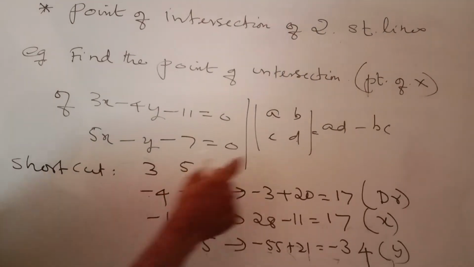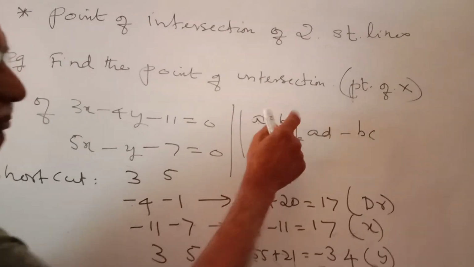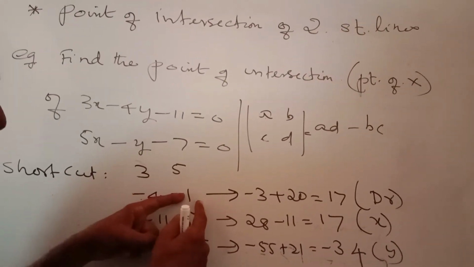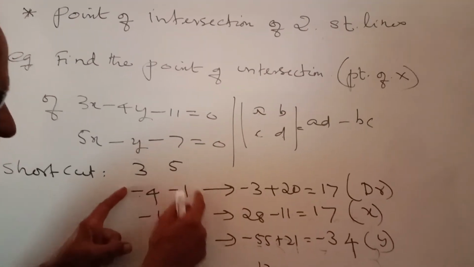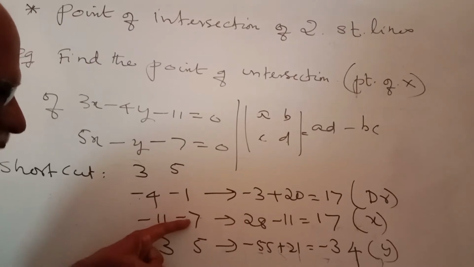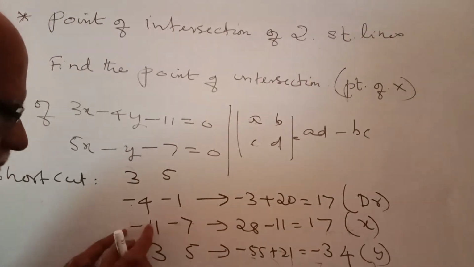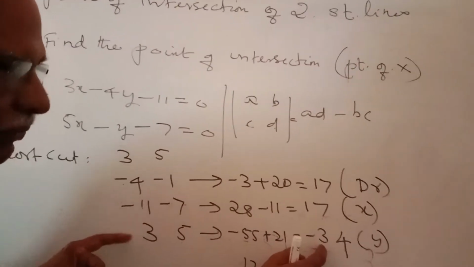Now this determinant we have seen: a, b, c, d is a into d minus b into c. So the first determinant: 3 into minus 1 is minus 3, minus minus 20 is 17. Second, minus 4 into minus 7 is 28, minus 11 is 17. Third, minus 11 into 5 is minus 55, plus 21 is minus 34.